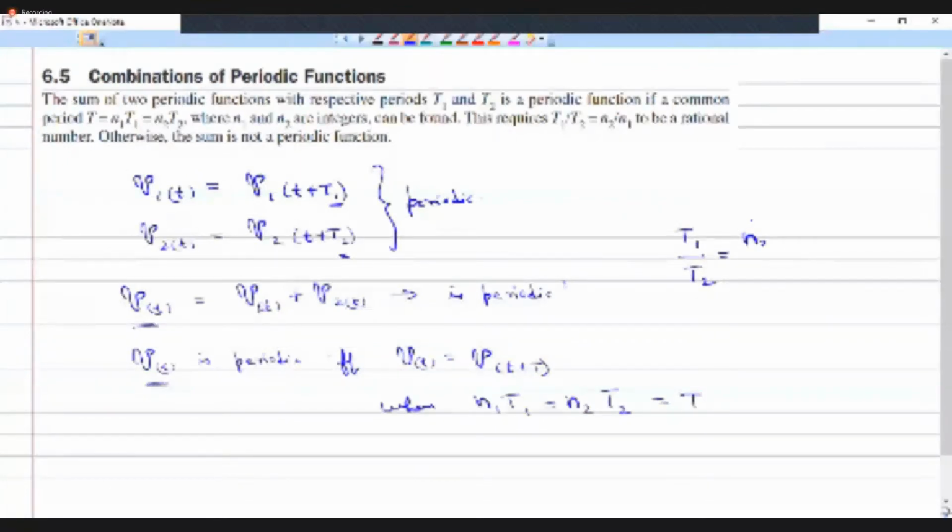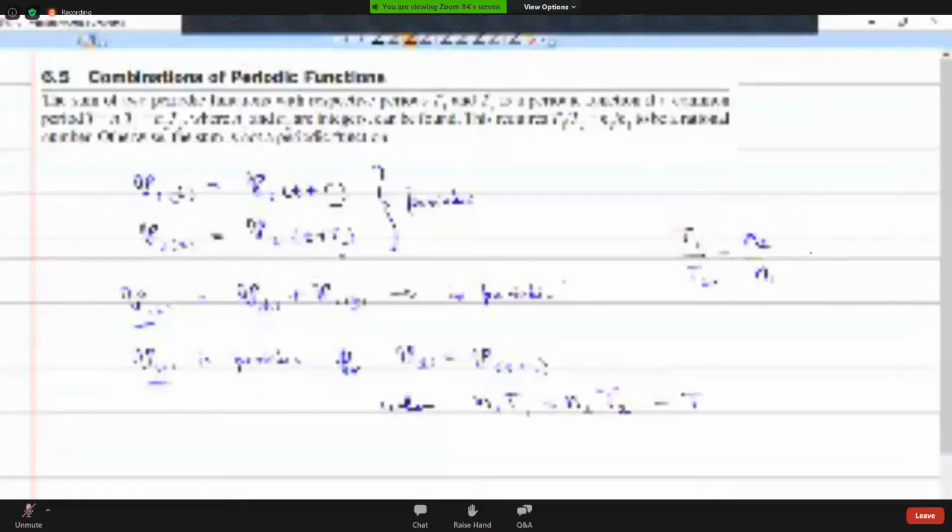Since n2 and n1 are integers, the ratio n2 by n1 is a rational number. Only then can we say that the sum of these functions v1 and v2 is periodic.